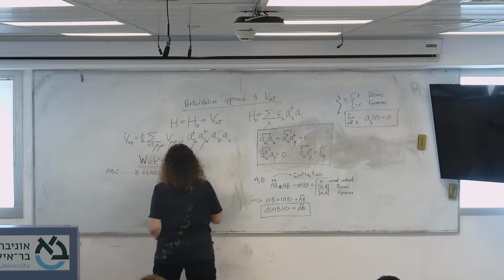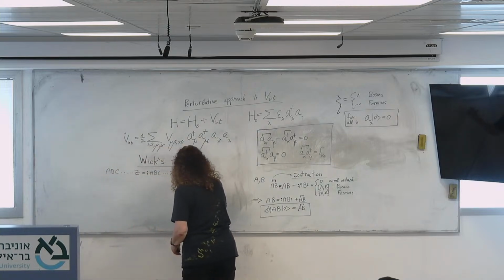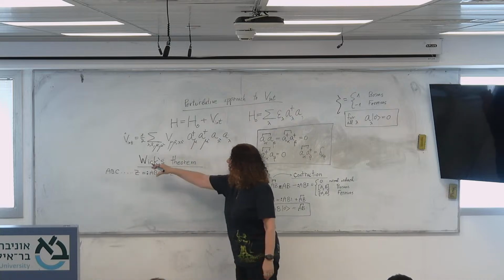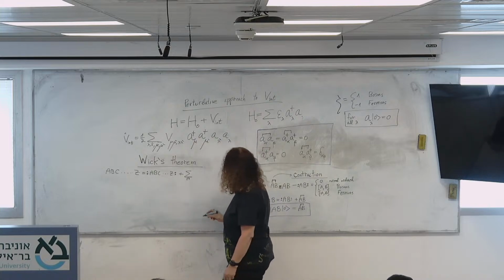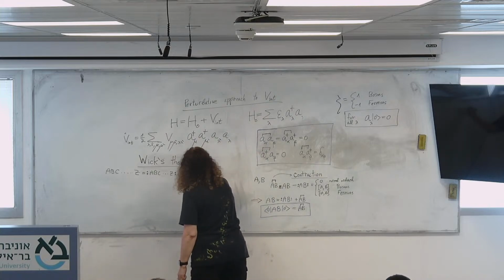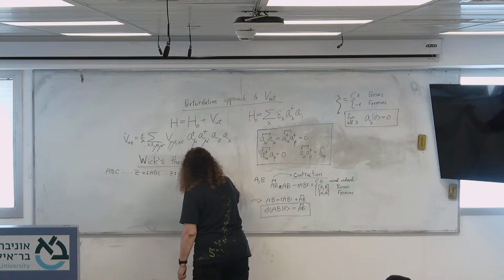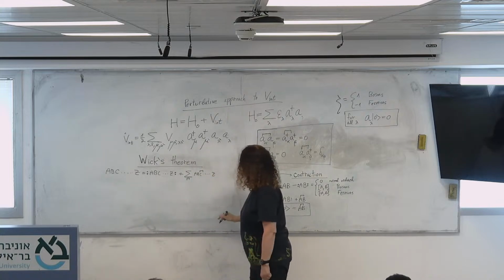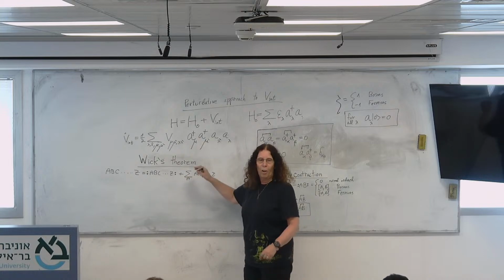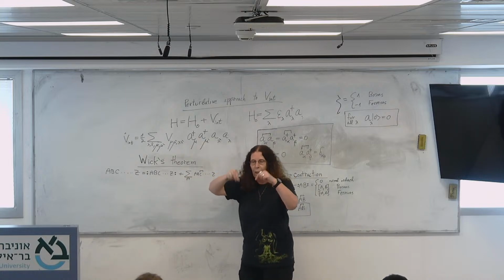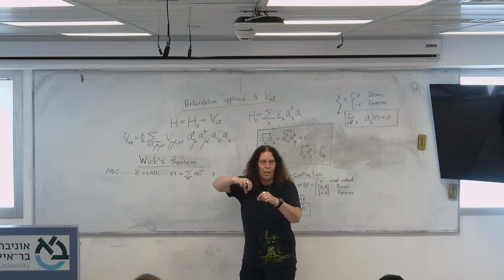The second term is a sum over all possible single contractions among the many operators, where I take the string and somewhere I contract two of its operators, and I'm summing over all the choices to pick a pair and contract it.